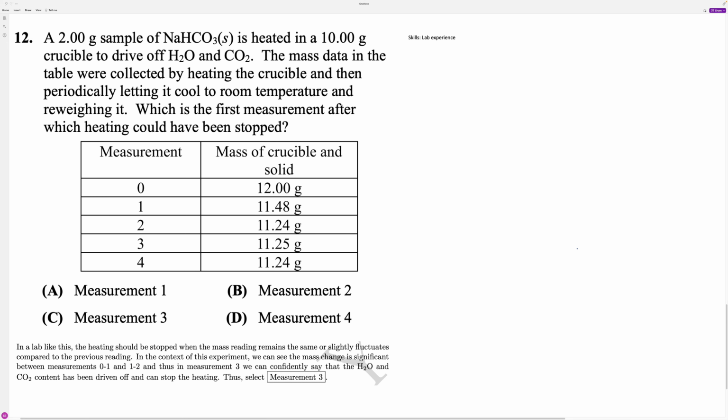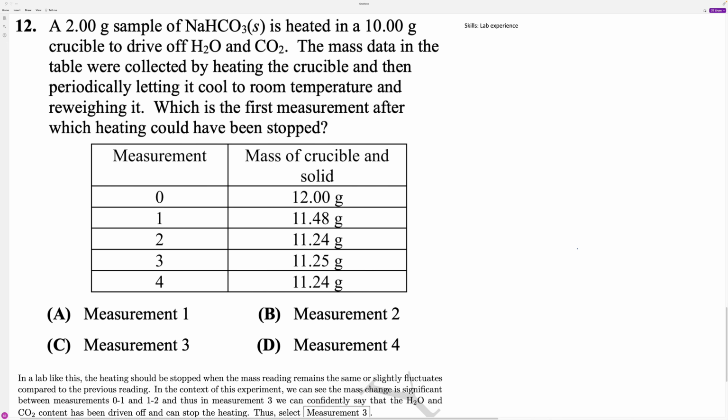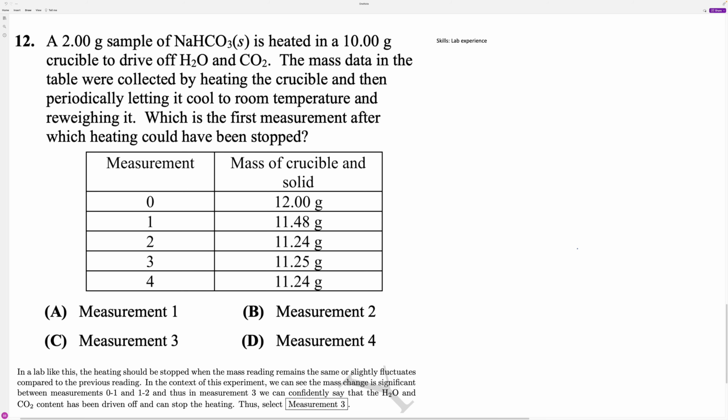Now for question 12, this is testing a really common type of lab that you do in AP Chem, 9th grade Chem, things like that. It's a decomposition. We have sodium bicarbonate, NaHCO3, decomposing into sodium carbonate, H2O and CO2, under heat.